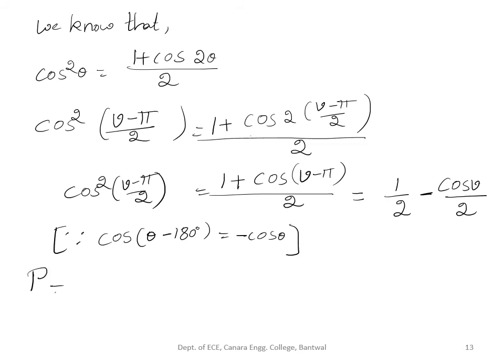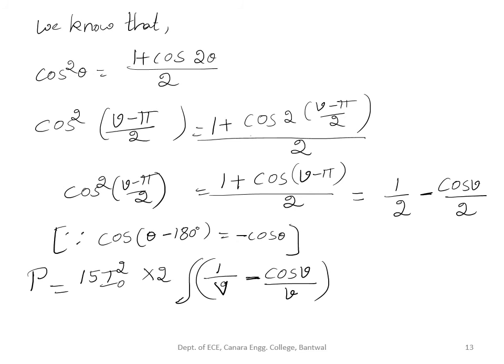Therefore, radiated power is equal to 30 I naught square times integration of (1 minus cos v) divided by v, dv, divided by 2, limit 0 to 2 pi.